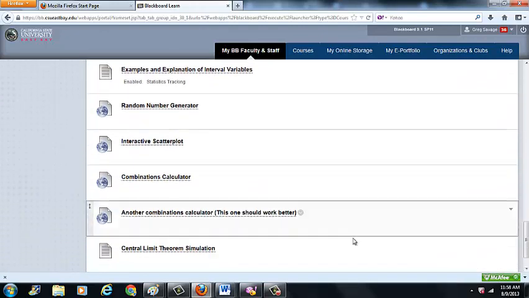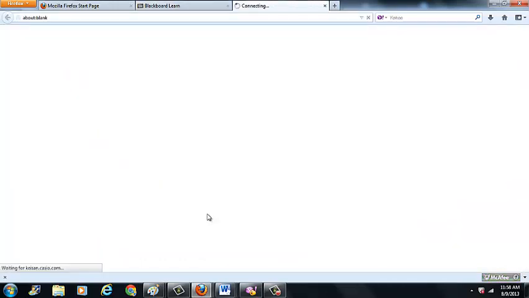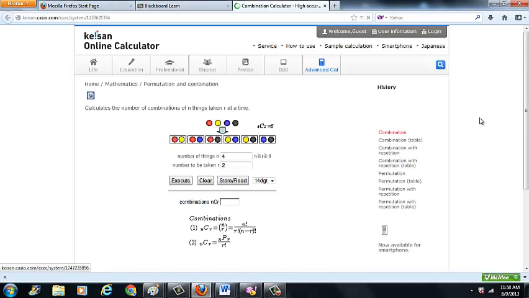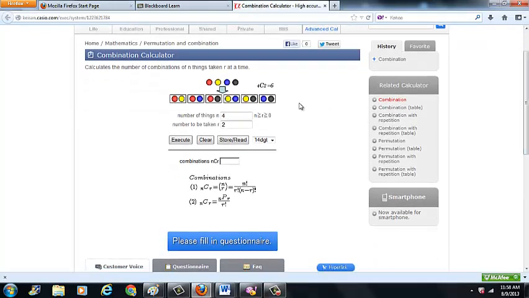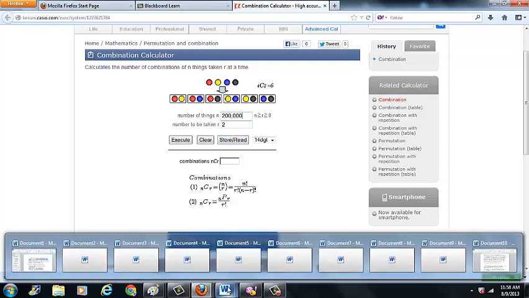Here we have our combinations calculator. The number of things is asking for the size of our population. The question said we had a population of 200,000 people.